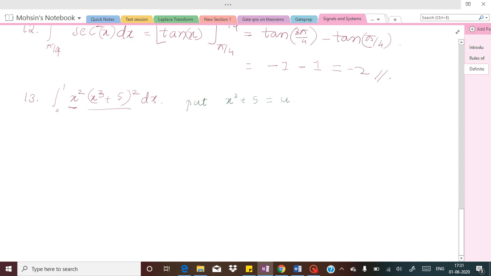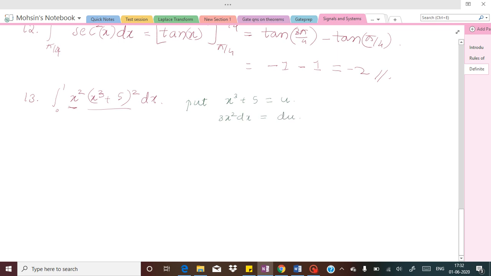Okay, so we can differentiate this to get the dx term. Differentiation of x cube will become 3x square dx, and here it will become du.